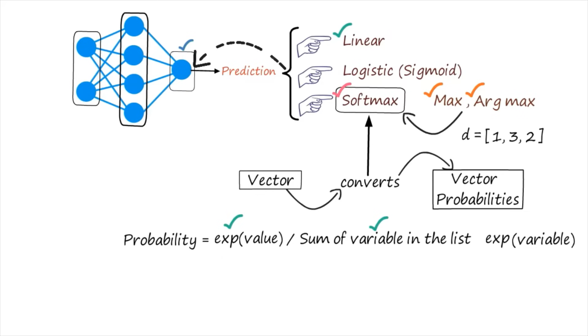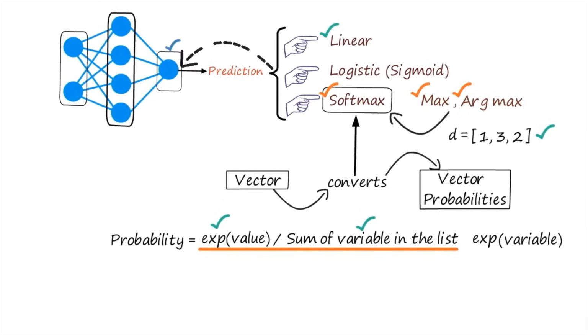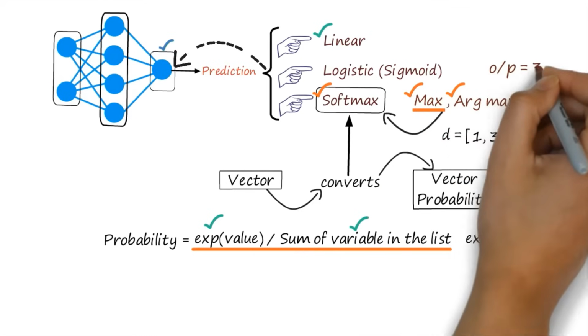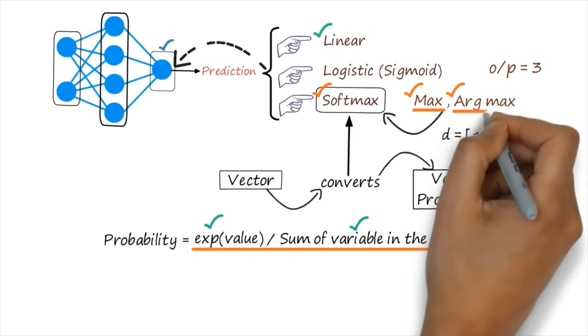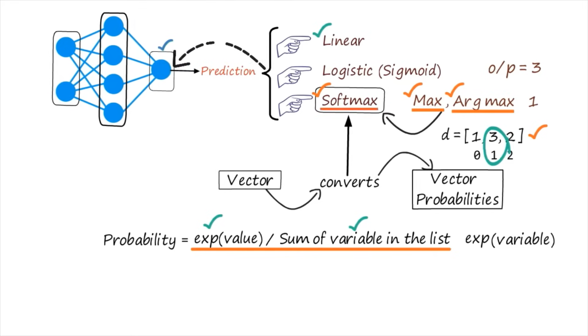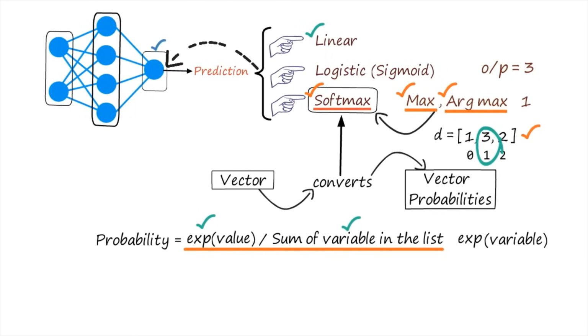So basically softmax uses this concept. Whenever we have some inputs and the activation function is softmax, it will use this kind of calculation. Now how is it performed? I'm giving you a simple idea. This is our list, 1, 3 and 2. If I use the max function, the output is 3, the highest number. If I use argmax, it gives the index of the highest number, that is 1. And now see how softmax works. For example, say we consider the value 1 and use the softmax function.